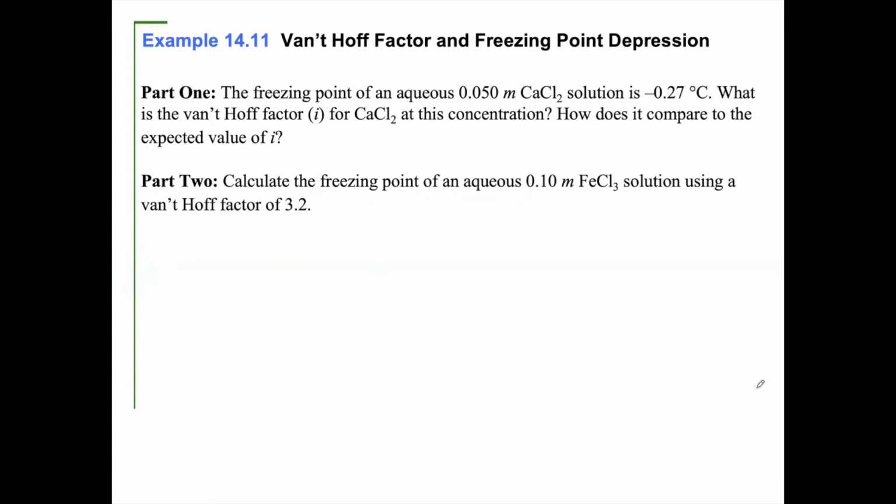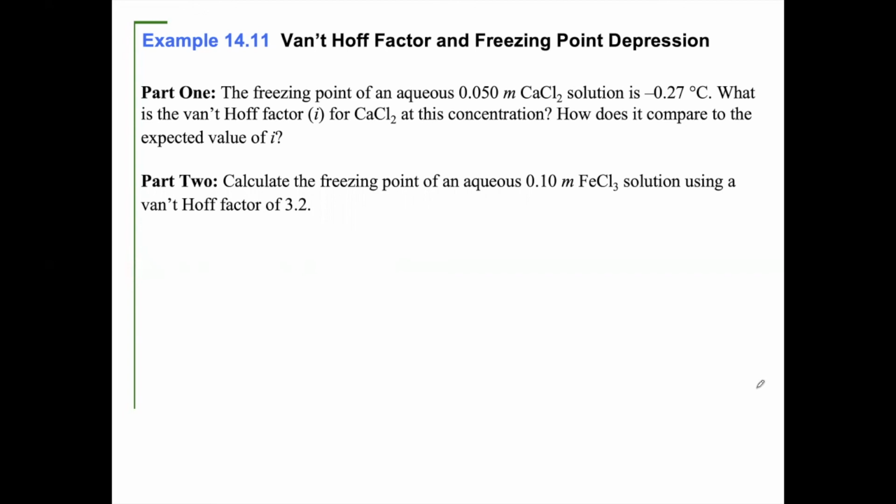When we're talking about electrolytes, remember I mentioned electrolytes before. Electrolytes are substances that when they're dissolved in water, they conduct electricity, and ionic compounds are electrolytes, right? Because when they dissolve, they separate into positive and negative ions, charged particles, which are free to move around.